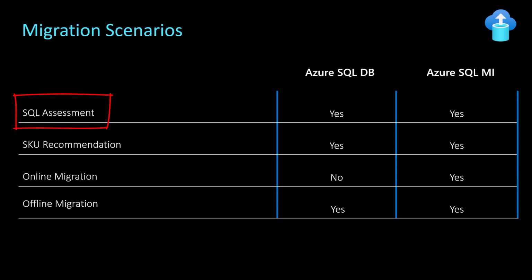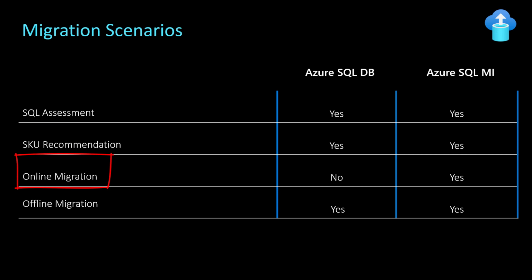SQL Assessment is available for Azure SQL DB and MI to help analyze the current SQL environment, identify any potential issues, and recommend solutions. SKU recommendation helps determine the most appropriate Azure SQL offering based on the current workload type, database size, and resource usage, providing optimized performance, scalability, and costs.